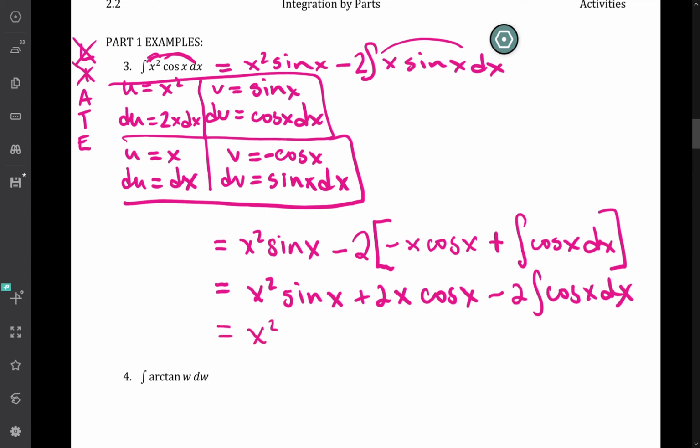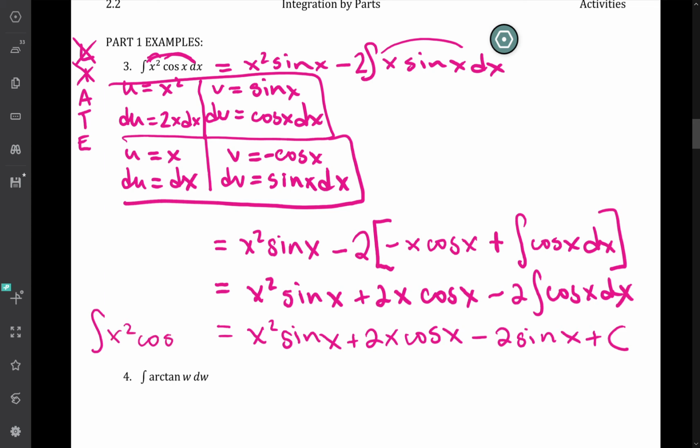So I have x squared sine x plus 2x cosine x minus 2 sine x plus c. And this is equal to that original integral of x squared cosine x dx. Okay, so by parts can absolutely be repeated. It works as many times as you would like to do it.